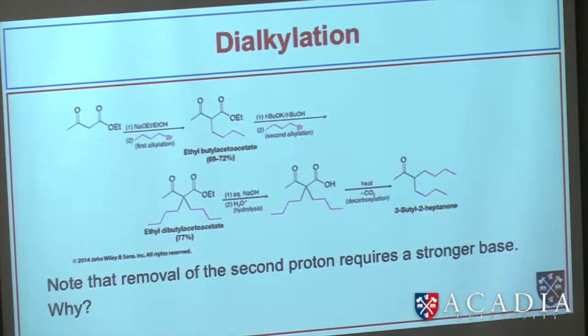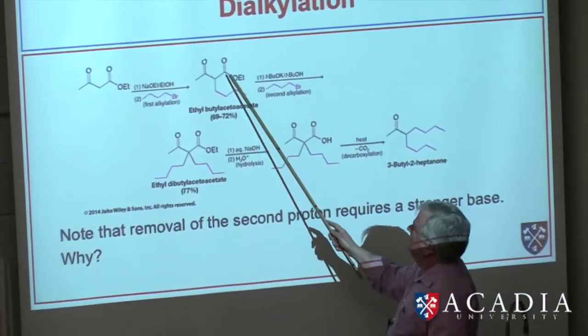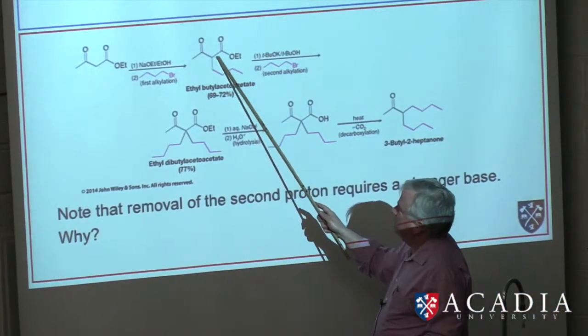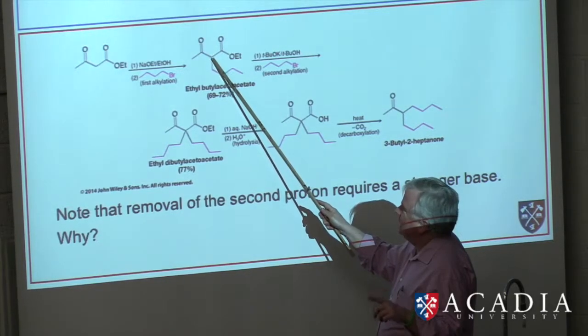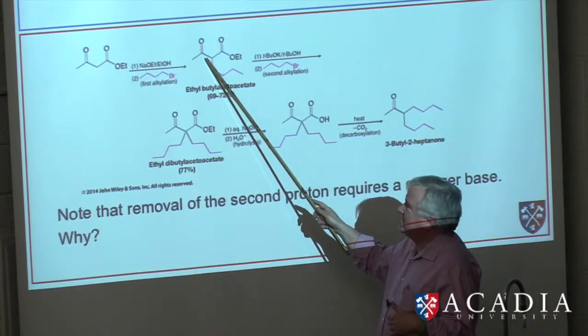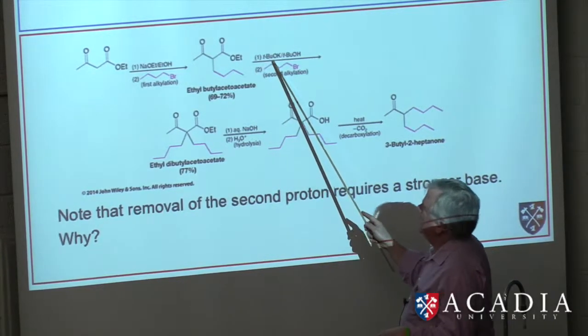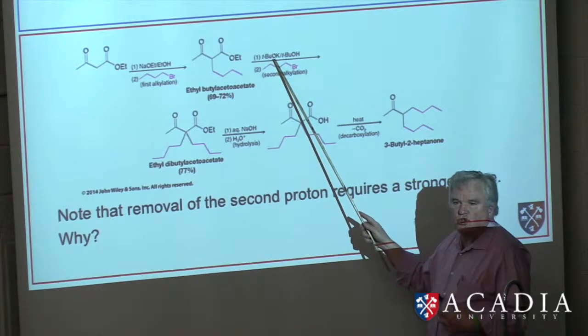And we can easily, because the product still has these 2 ketone groups and still has a hydrogen on this carbon, we can pull that proton off. This is not quite as acidic because we have an electron donating group that we've added to it now, and quite often we have to use a little bit stronger base.